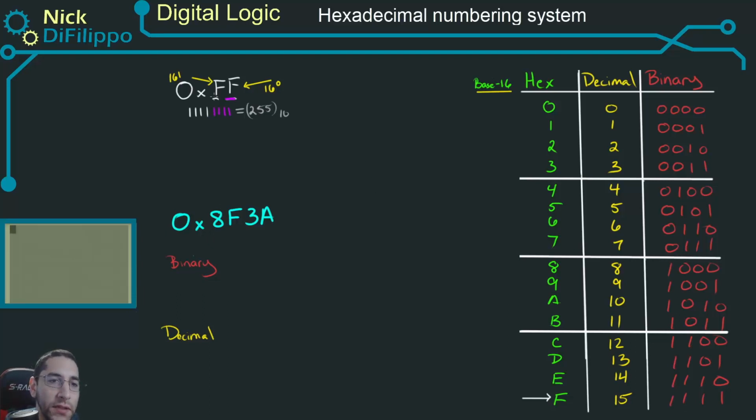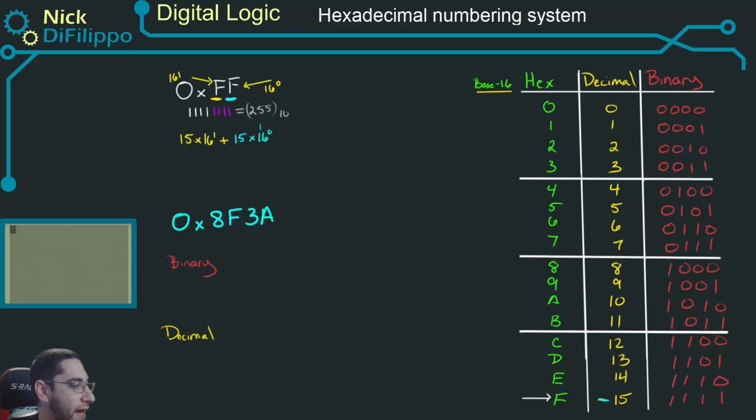Okay, so first let's look at this F. This F is represented by a 15. So we're going to have 15 times 16 to the 1, or 16, plus the second F, which is also 15, times 16 to the 0, which is just 1.